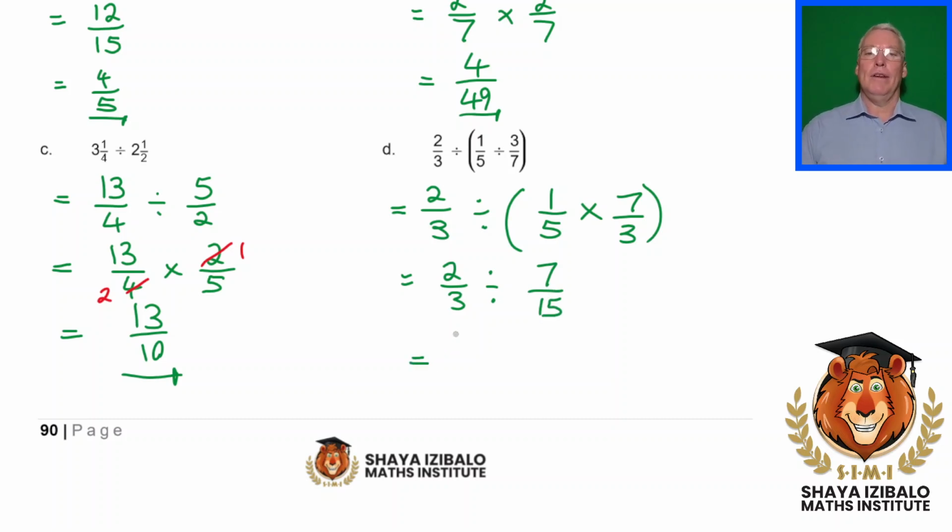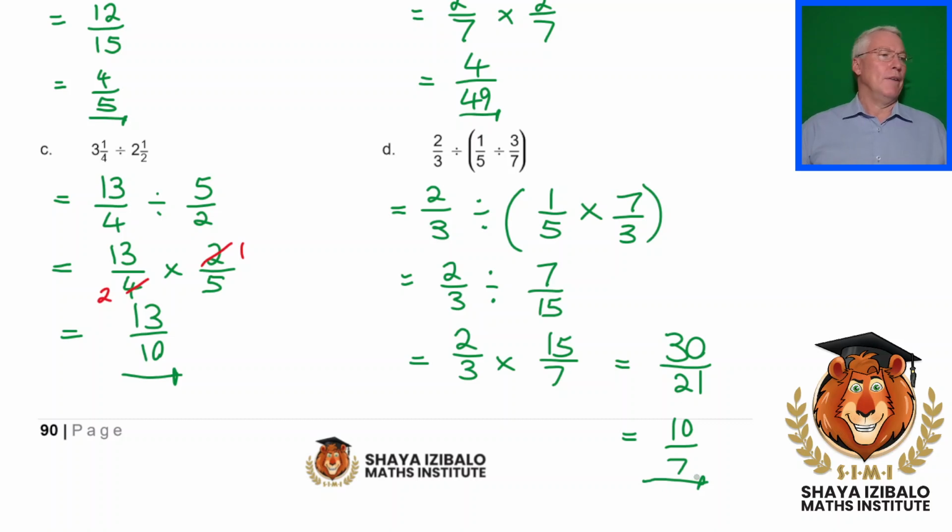Now, we can do this division. How do we divide fractions? We turn the second one over and we change to a times sign: 2/3 times 15/7. We could multiply now, or we could simplify. It really doesn't matter. It's slightly easier to simplify first, but let's multiply first. We get 30/21. 30/21 is not in its simplest form because both of those numbers are multiples of 3. If we divide the top by 3, we get 10. If we divide the bottom by 3, we get 7. And there's our final answer.